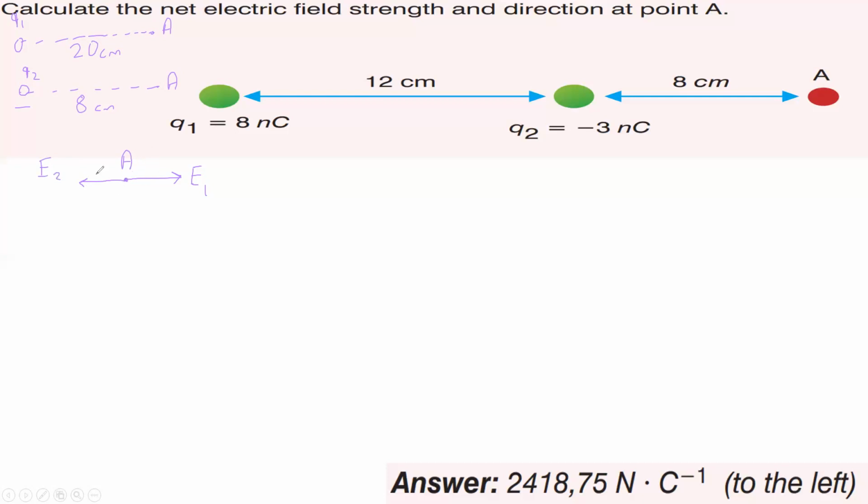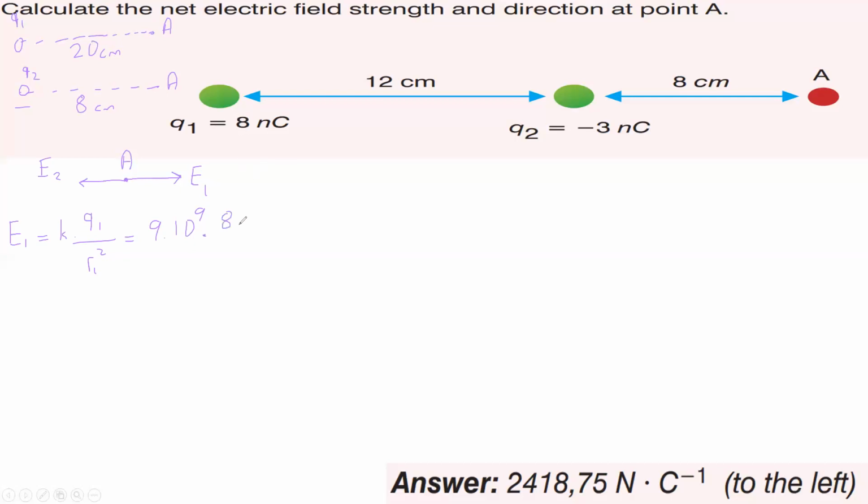What we are doing, we are drawing our free body diagram. From now, what are we going to do? We are going to calculate E1, E2, and then get the net electric field. Let's calculate E1. E1 is equal to K times Q1 over R squared, R1 also you can say, let's say R1 is fine. And then 9 times 10 to the power of 9. And what's our Q1? 8 nC.